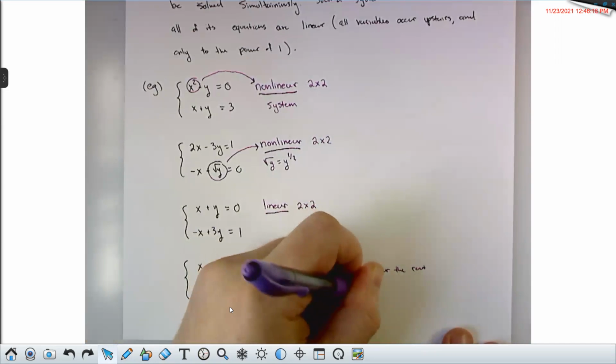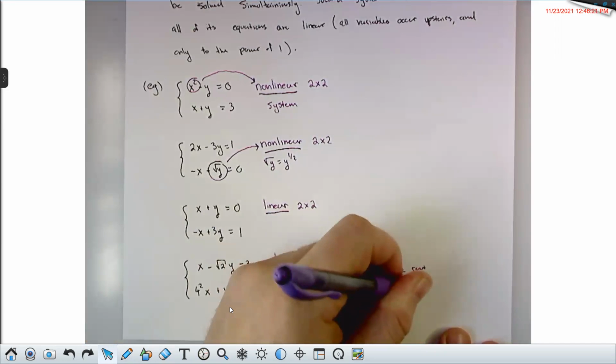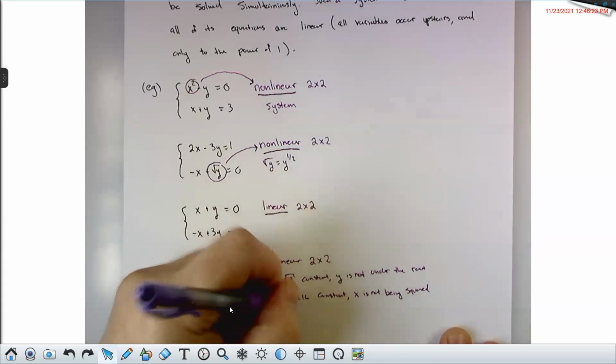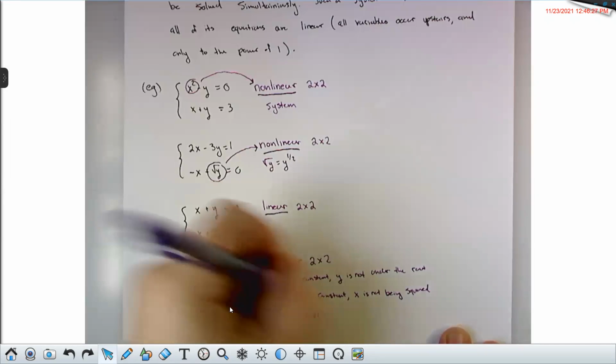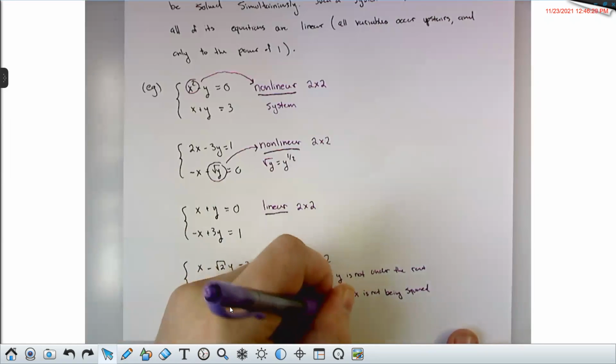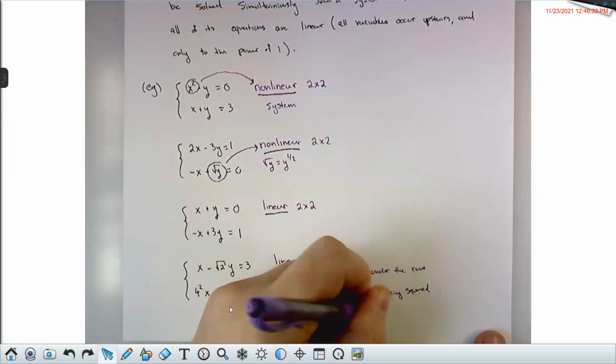The x is not being squared. And e is also just a constant, right? e is about 2.71, just a constant. Nothing happening with the variables here.